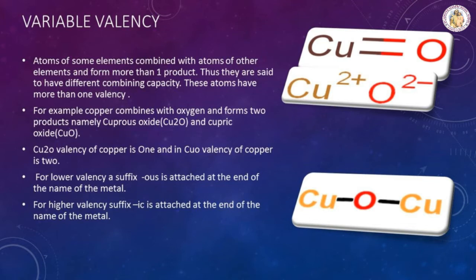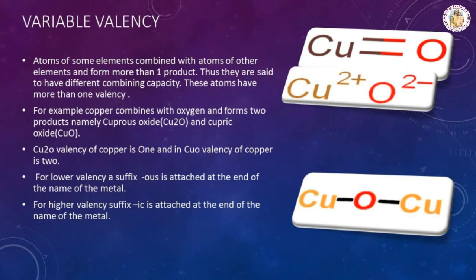For example, copper combines with oxygen and forms two products, namely cuprous oxide Cu2O and cupric oxide CuO. In Cu2O, valency of copper is 1 and in CuO, valency of copper is 2.